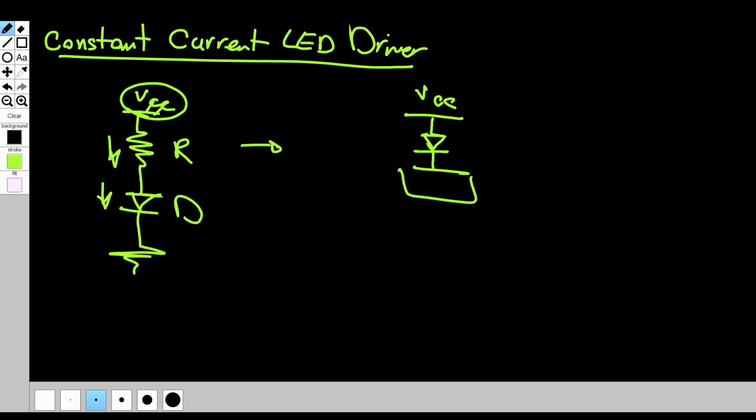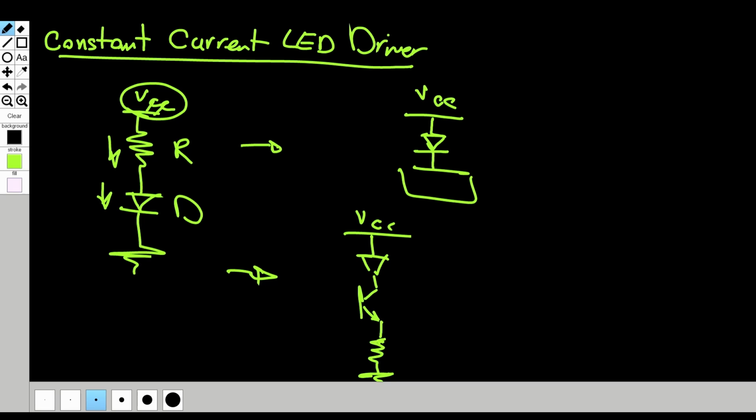So let's just have a simple drawing over here, right? We have the VCC again connected over here, and then we have this LED, and we're gonna connect it to an NPN transistor like that, and then we're gonna have a resistor over here, and we connect it to ground, right?